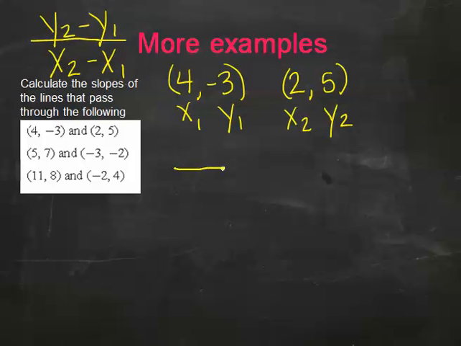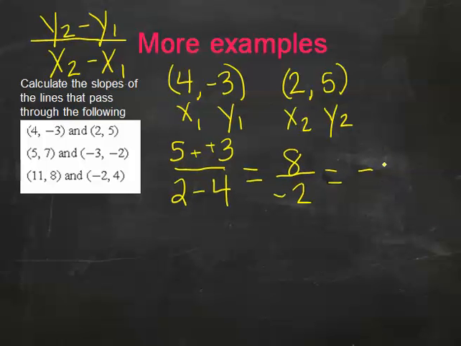So plugging straight in, I have my y2, which is 5, my y1, which is a -3, my x2, which is a 2, my x1 is a 4. These two negatives up top are going to become a positive, so I have 5 plus 3, which is 8, and then 2 minus 4 is going to be a -2. So when I reduce those down, the 8 divided by -2 will be a -4.